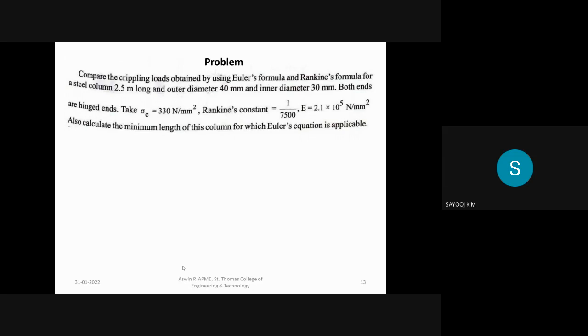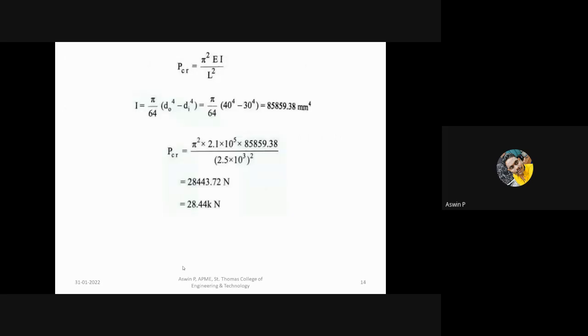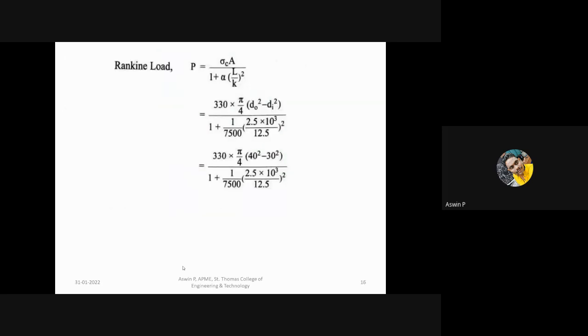Yes, sir. Okay. The last term is to calculate the minimum length of this column for which Euler's equation is applicable. So we need to find at what length, or what is the minimum length required for the column. By looking at the values of the answer, when you compare Euler's equation as well as Rankine's equation load, you can see that both are coming at almost the same value.